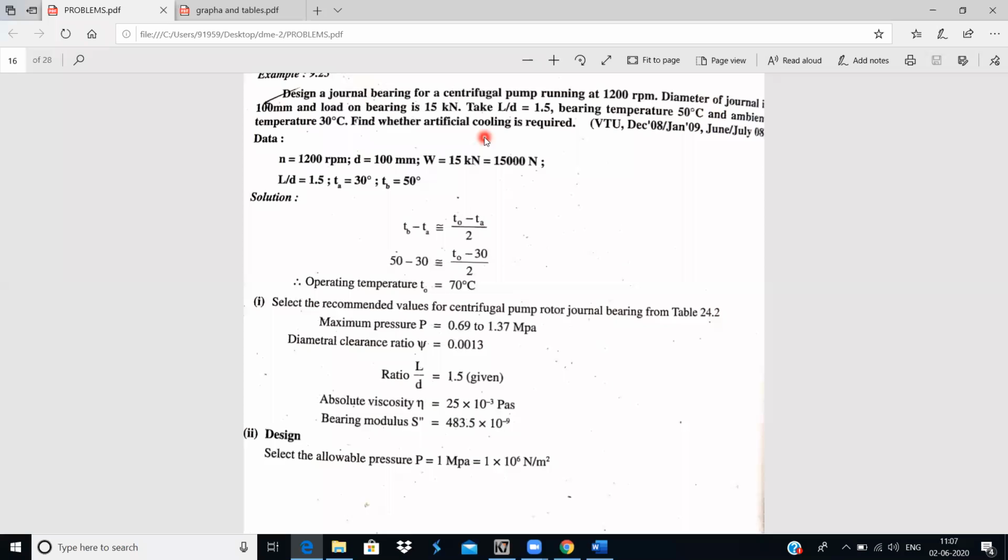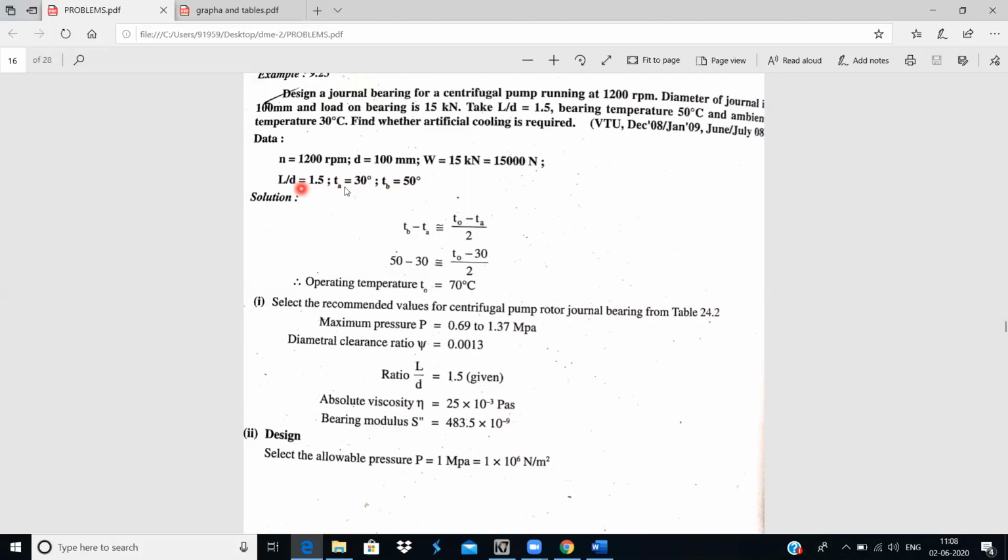In the same procedure, here in the question they have given the bearing temperature and the ambient temperature. With the help of bearing temperature and the ambient temperature, we can find out the operating temperature. If operating temperature is not given and TB and TA are not given, then we can assume the operating temperature. But here they have given bearing temperature and the ambient temperature, so we can't assume the operating temperature.